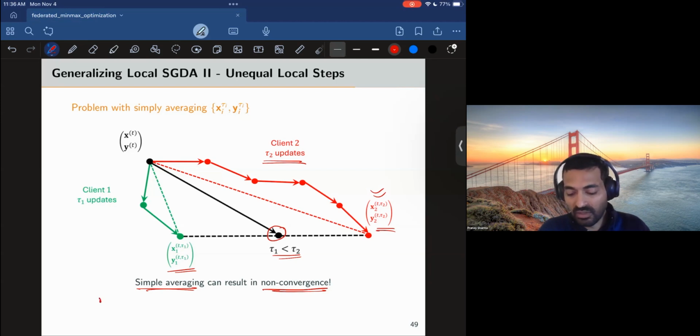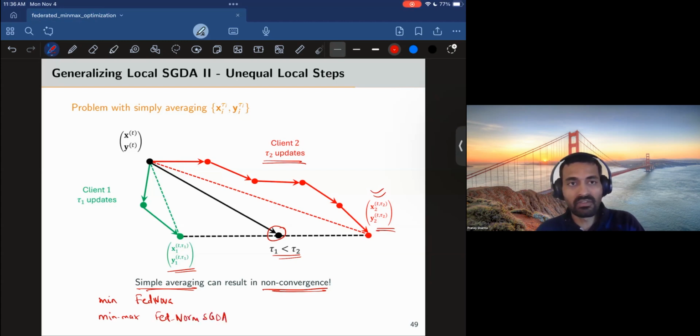This was shown for minimization problems in FedNova, and for min-max problems in our work, which we name FedNorm LCTA. I'll put the reference. Actually, we referred to this paper earlier in the lecture, but we get a similar observation: if you have different numbers of local steps and you simply average them, you might not get convergence.